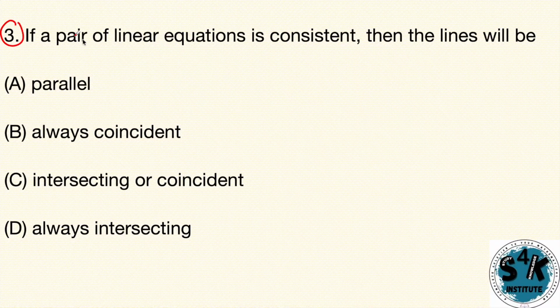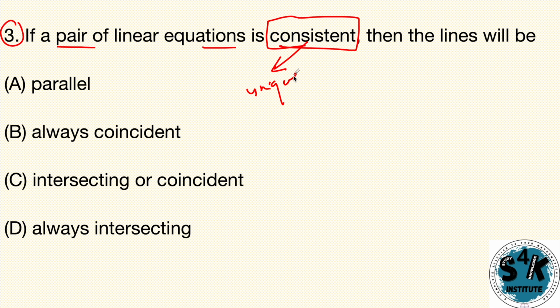Now question number 3. If a pair of linear equations is consistent, what do we mean by consistent? It will have either a unique solution or infinitely many solutions, because the other terminology is inconsistent.